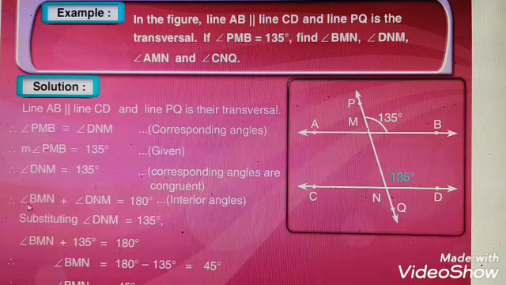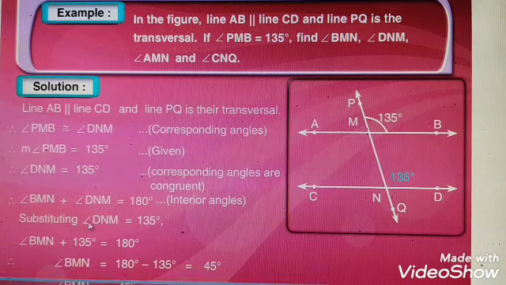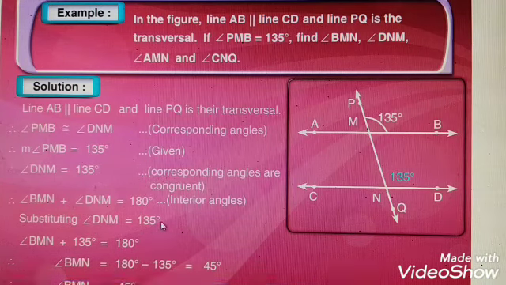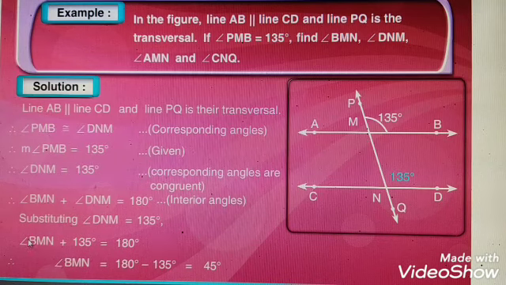Now, therefore, angle BMN plus angle DNM is equal to 180 degrees. Reason will be interior angles. Now, by substituting angle DNM equals 135, what will I get?